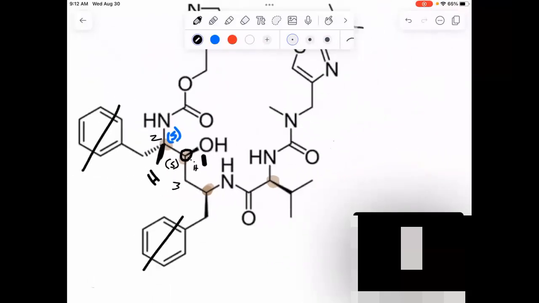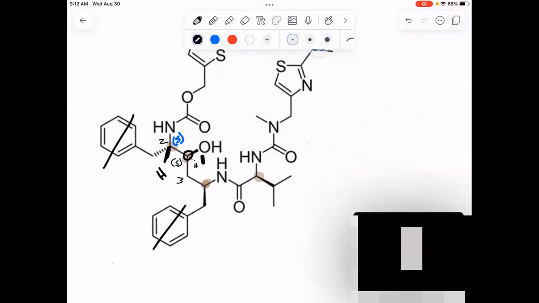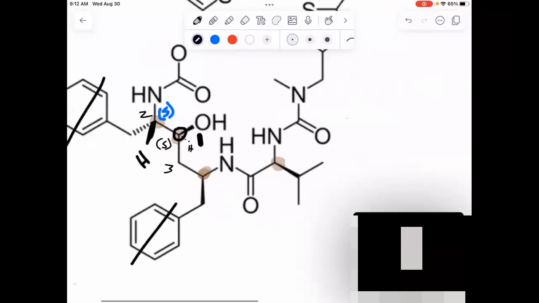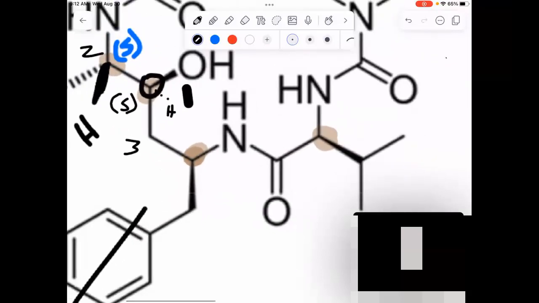Excellent. All right. What about the next one? Can we have somebody do that one? This is another one where H is already back. I can do it. So the carbon with the nitrogen on it is the first one, the nitrogen. Yes. And then the second one is the one nearest to the OH group.